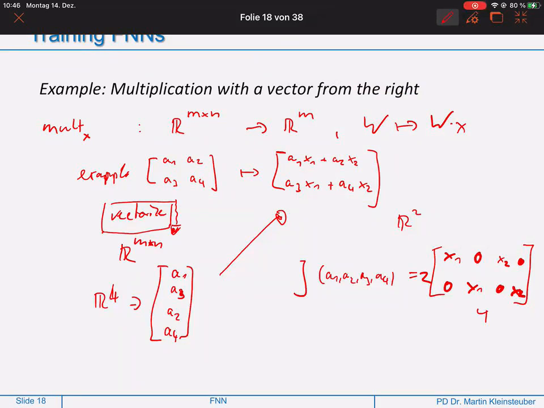The argument of the function is the matrix W, and it is linear in this argument, because if I have W1 plus W2 times X, this is the same as W1 times X plus W2 times X. So it's linear in that function.